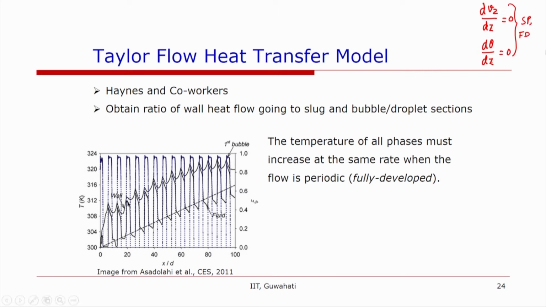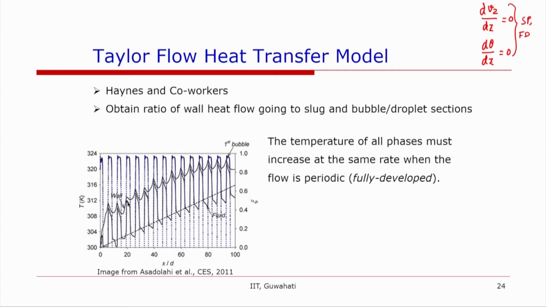But when we talk about Taylor flow, it is not possible to achieve this, because the velocity in the middle of the bubble and the velocity in the liquid slug, or even in the liquid slug at two different locations, is going to be different. So, what we mean by fully developed Taylor flow is that the flow has become fully periodic.